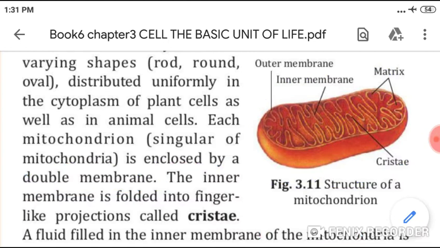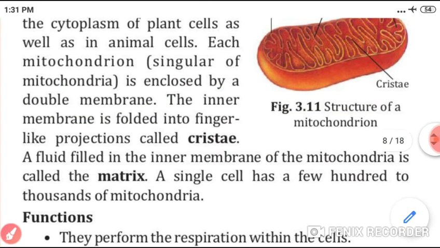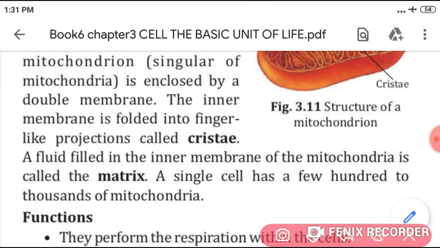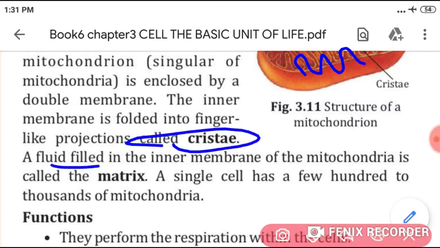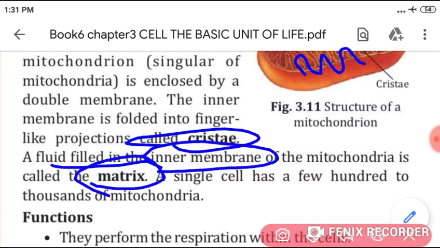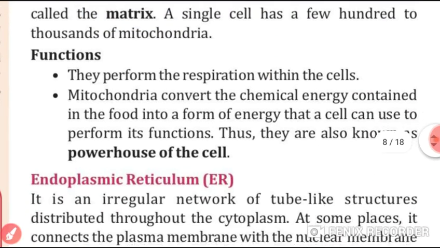The inner membrane has some folds, finger-like projections, students. These are called cristae. Okay, and some liquid is also filled in the inner membrane of the mitochondria, that is called, students, matrix.